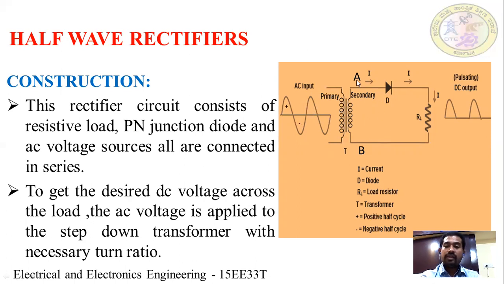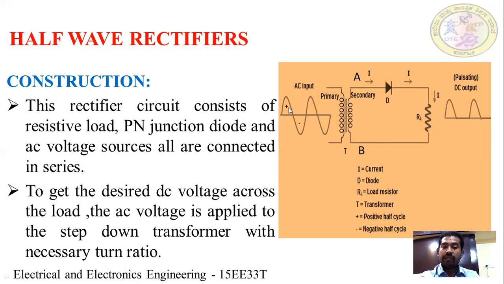Here this is terminal A and this is terminal B. This is the diode rectifier D. I is the current flowing through the circuit. RL is the load resistance.